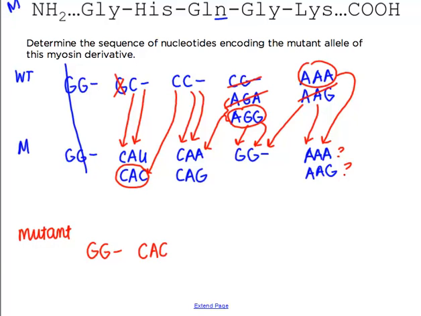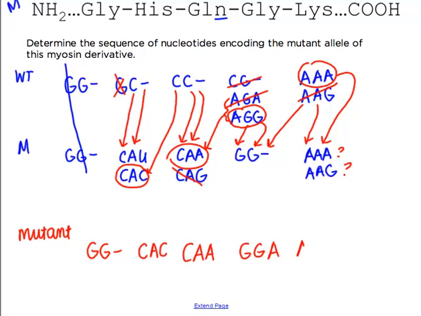and then we found the next sequence. I didn't cross it out here, but it was actually this sequence, so CAA. Then we found it to be GG, and it matched up with an A, so it's GGA.